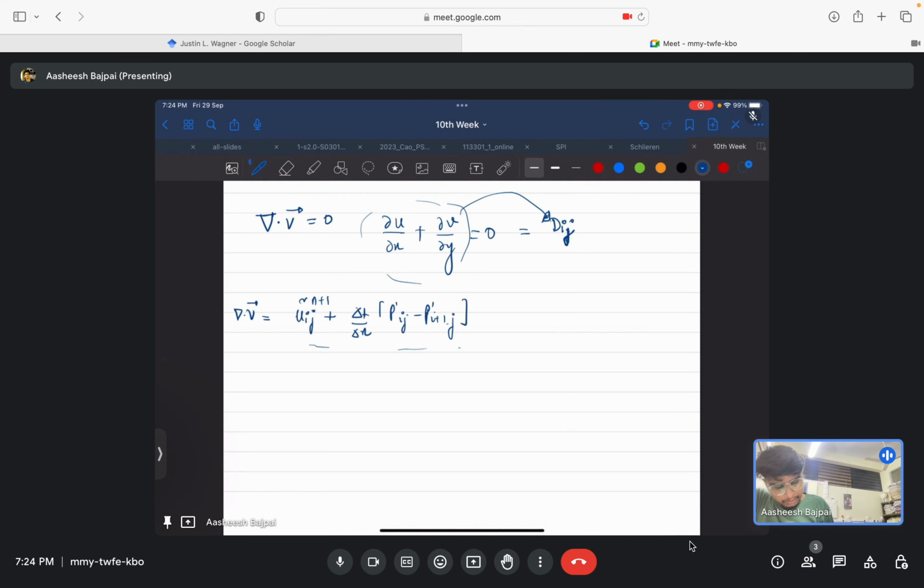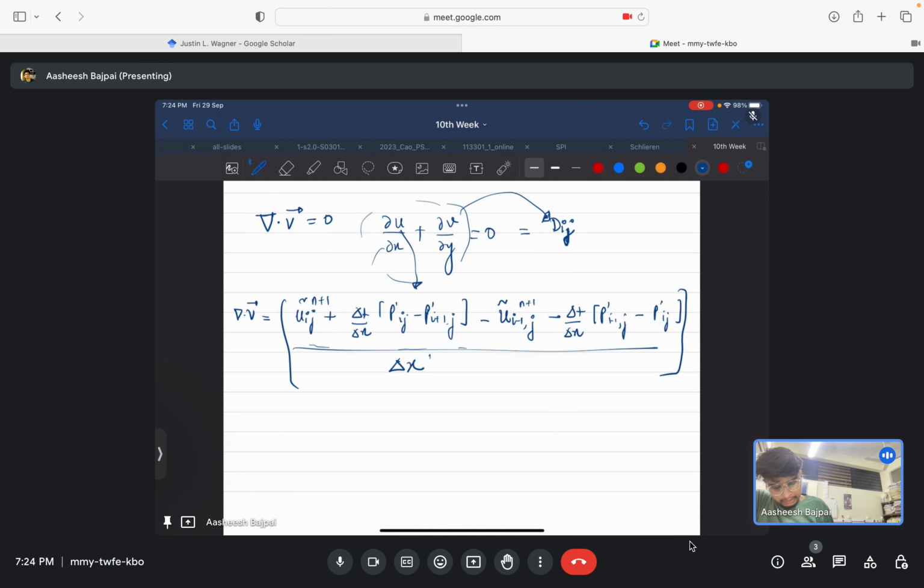This is the value here, and minus u tilde i minus 1 comma j at the n plus 1th time step minus delta t by delta x p dash i minus 1 comma j minus p dash i j. So this term has been discretized here, divided by delta x.